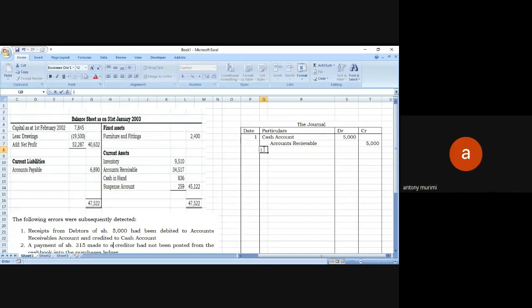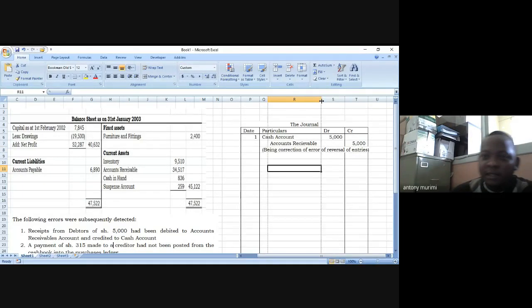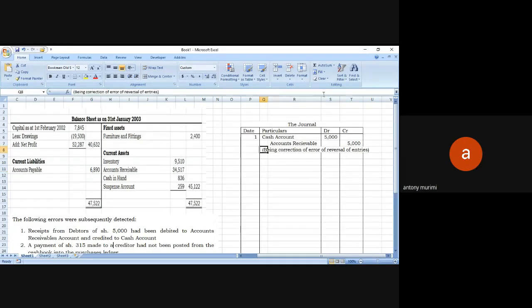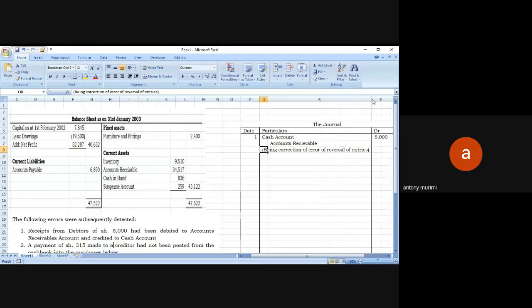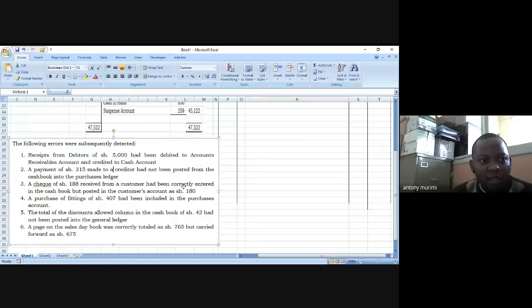Then we put the narration being correction of error of reversal of entry. This error does not affect the trial balance, so no suspense account will be involved in this case. And then we move on to the next error.